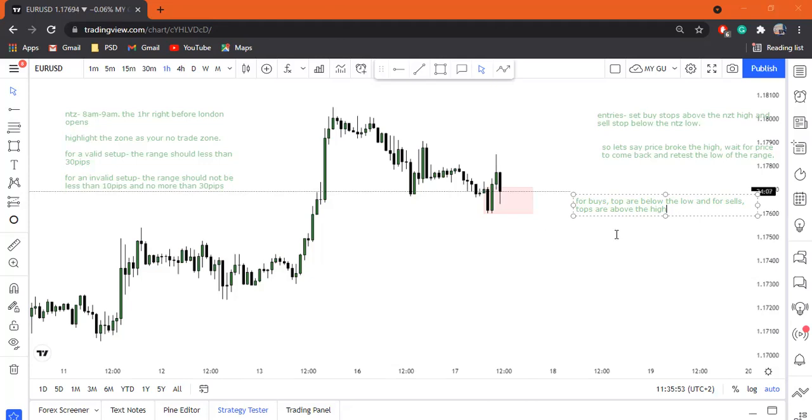So let's say take profit 10 pips for the first TP, let's say 20 pips for the second TP, depending on how many trades you have entered. The moment the second TP hits, if you still have more trades, put your stop loss on break even.